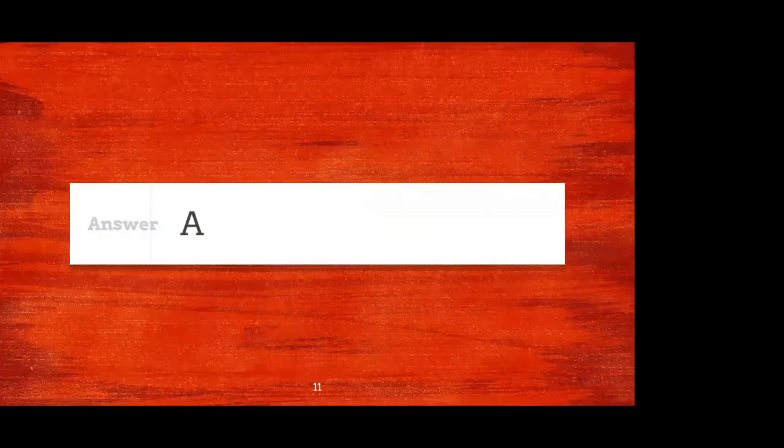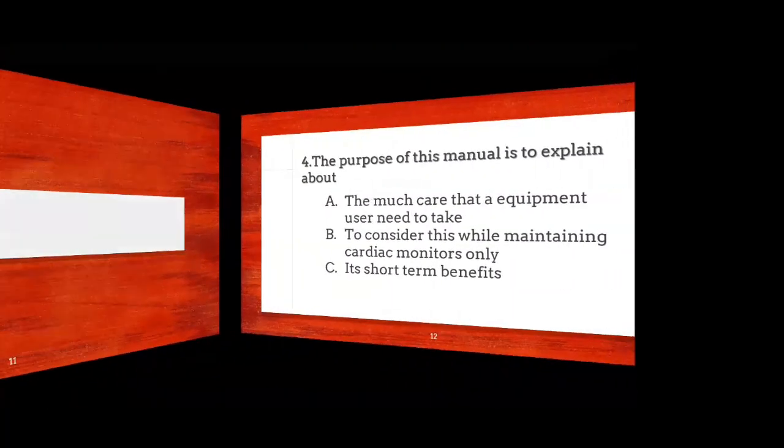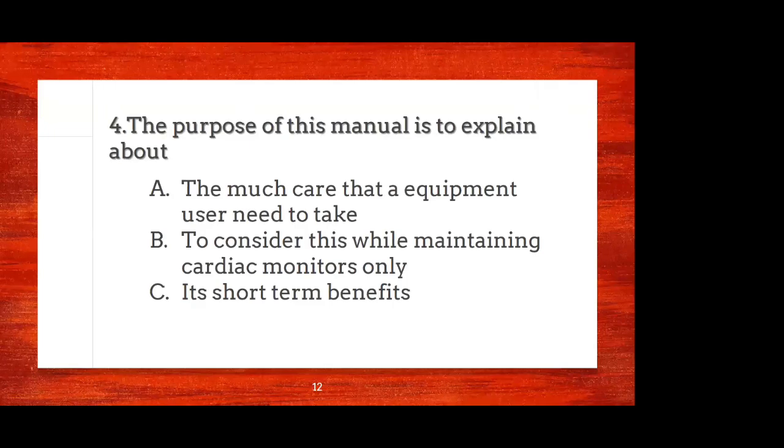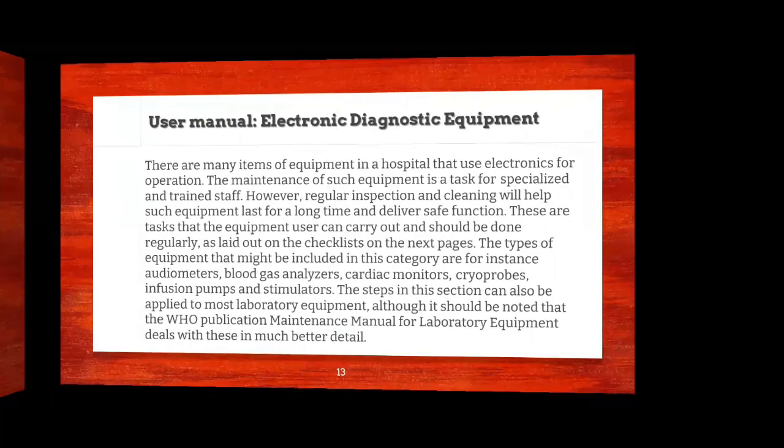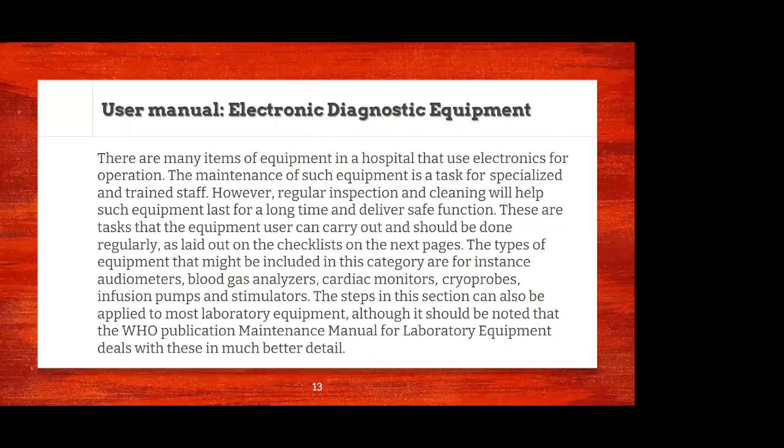So next question. The purpose of this manual is to explain about. User manual, electronic diagnostic equipment. There are many items of equipment in a hospital that use electronics for operation. The maintenance of such equipment is a task for specialized and trained staff. However, regular inspection and cleaning will help such equipment last for a long time and deliver safe function. These are tasks that the equipment user can carry out and should be done regularly as laid out on the checklist on the next pages.